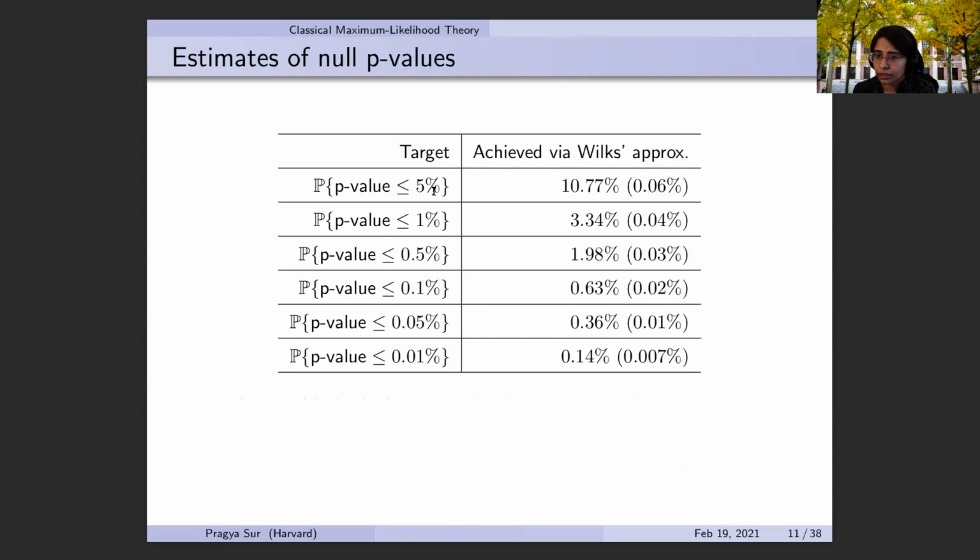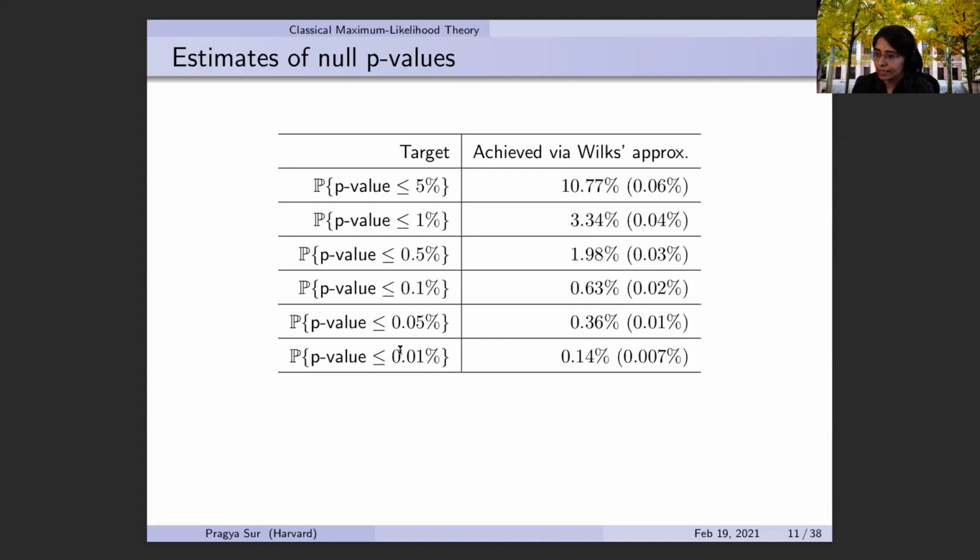And for each target level, we are calculating how many of those null p-values fall in that particular bin. We would have loved to see a 5% here or a 1% here. Instead, we see here that it's about twice. And the ratio of what we would have liked to see if it were uniform versus what it actually is keeps on increasing as you go closer and closer to 0.